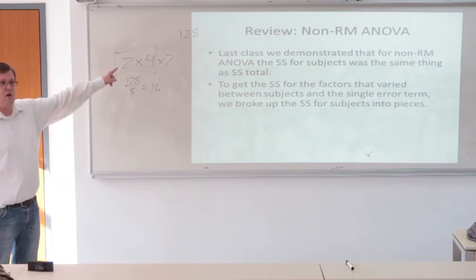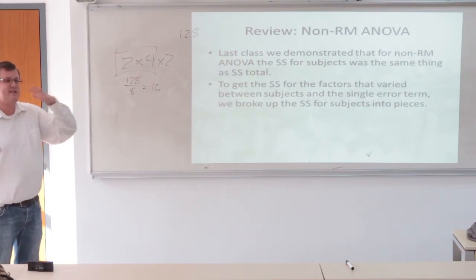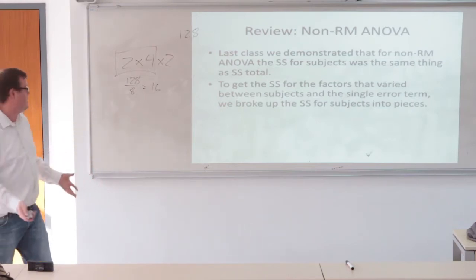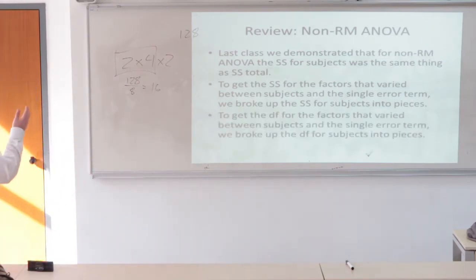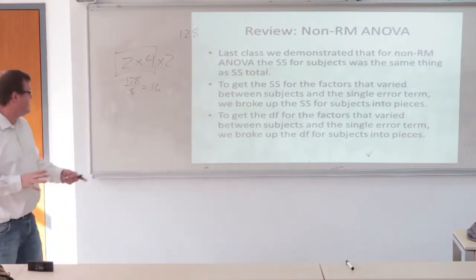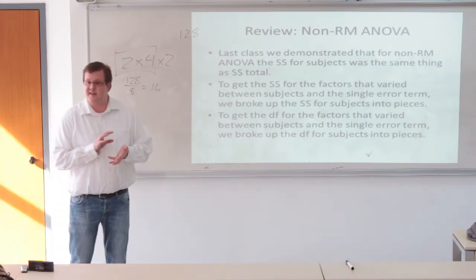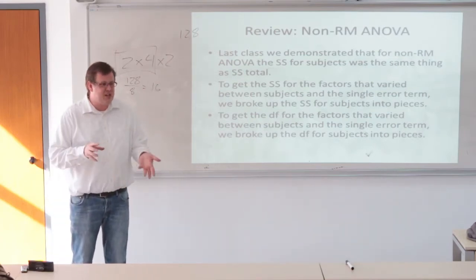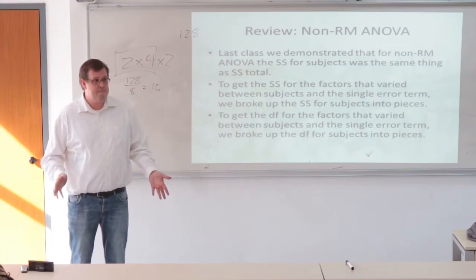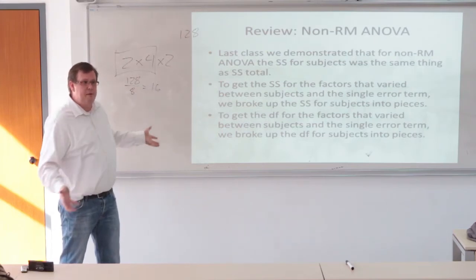Took the total sum of squares and broke it up into pieces, right? By doing exactly what we've talked about. By subtracting the grand mean from some other means and squaring those differences and adding them up and multiplying them appropriately. That's how we did it, right? So to get the degrees of freedom for the factors that vary between subjects and the single error term, we broke up the degrees of freedom for the subjects, which is really just the degrees of freedom total, for our non-repeated measures ANOVA, and broke that up into pieces.